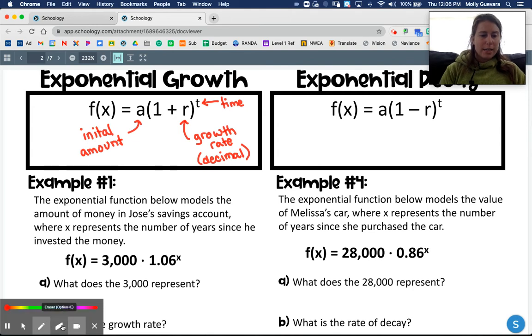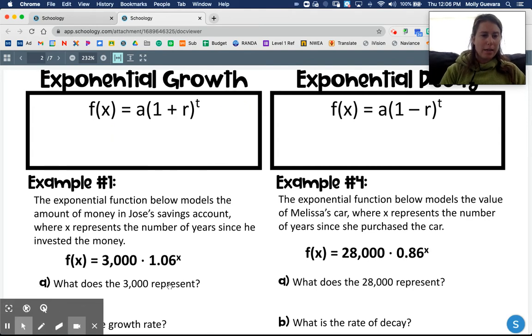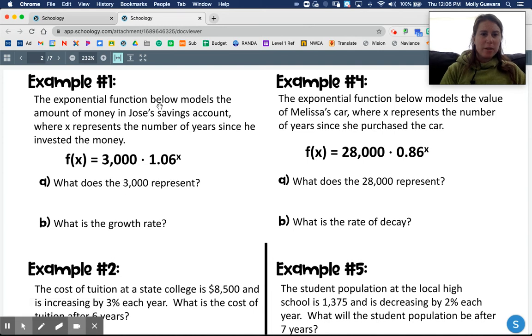So let's look at an example here. Example number 1 says the exponential function below models the amount of money in Jose's savings account, where x represents the number of years since he invested the money. So x is in years, so time is years. It says, what does the 3,000 represent? Well, if we look at our equation up top, this is in front, so this is my A. This is my initial amount.